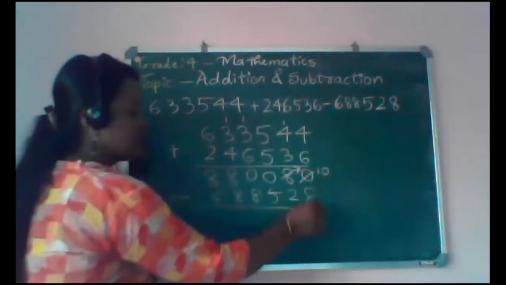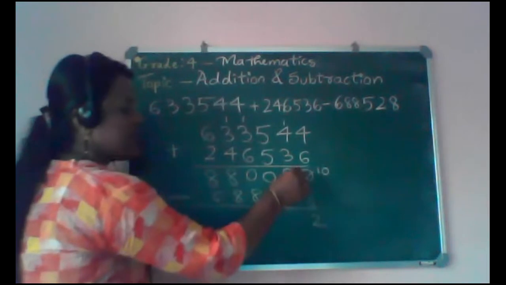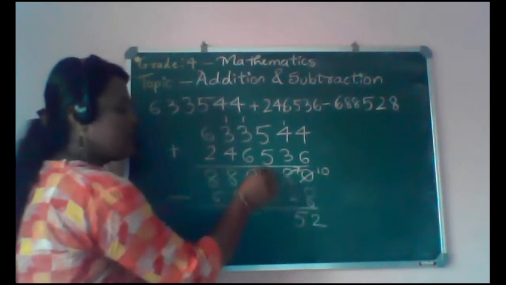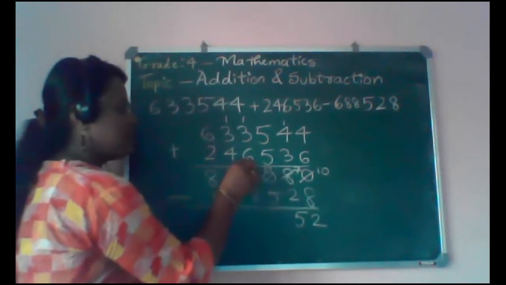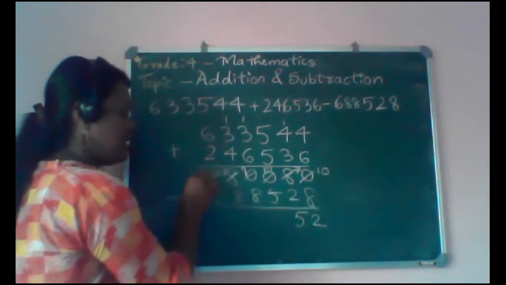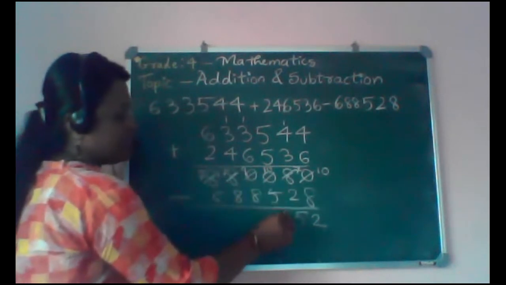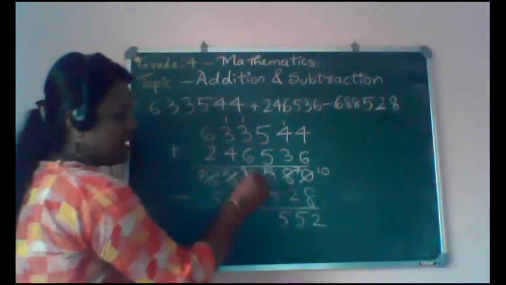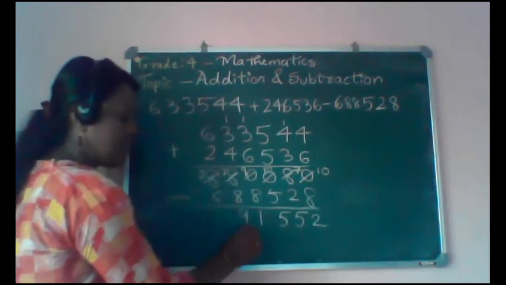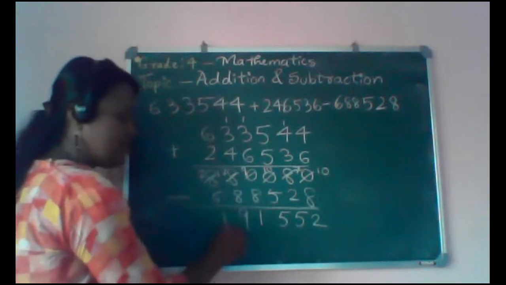So 10 minus 8 results to 2. 7 minus 2 is 5. 0 minus 5 is not possible, so I had borrowed from 0. So we have here 17 and finally here 7. So 10 minus 5 is 5. 9 minus 8, 1. 17 minus 8 is 9. 7 minus 6 is 1.